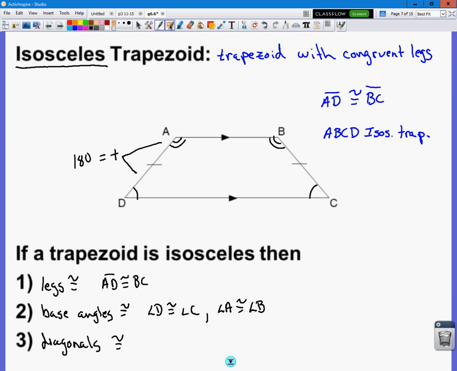Because if I draw the diagonals in here from D to B, and the diagonal from A to C, with it being an isosceles trapezoid, AC will be congruent to BD. So it's not enough to show something is a rectangle just by showing the diagonals are congruent. It had to be a parallelogram first.